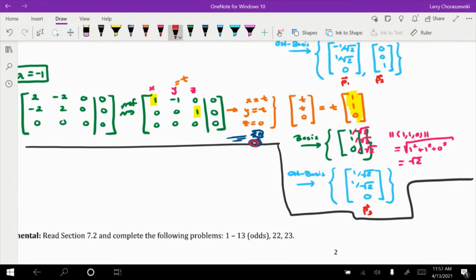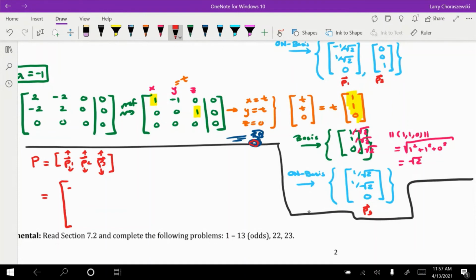Okay, so anyway, we're going to go ahead and construct the matrix P, not B. This is going to be formed by taking our vectors P1, P2, and P3 and lining them up as columns. We're going to use the orthonormal version of the vectors.